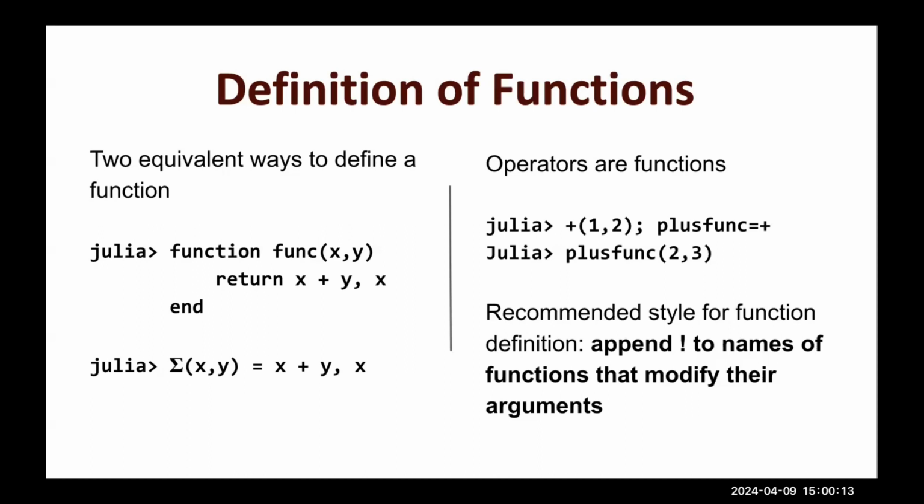In Julia, you can use Unicode, like sigma, representing the addition function itself. You can define a sigma function, literally sigma as the function name, taking x, y as input, and you can define the function that way, which is quite impressive. The plus sign itself is a function operator.